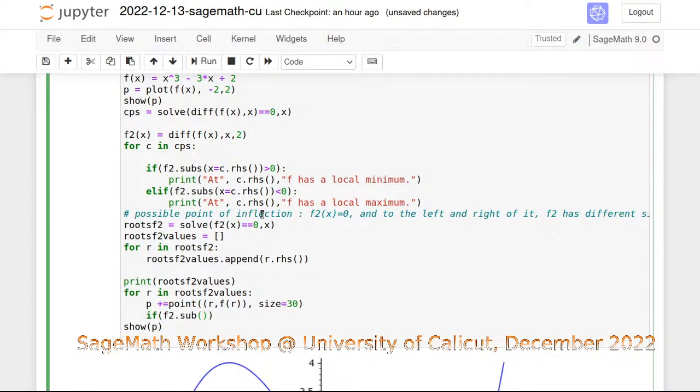So anyway, we know that there is only one point. So essentially we can simply check 0 minus 0.1.